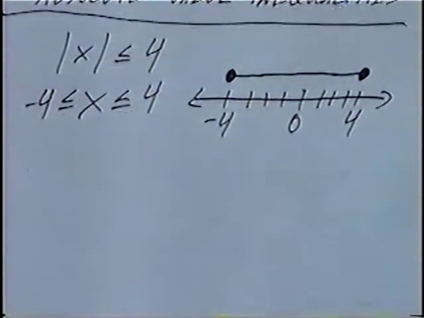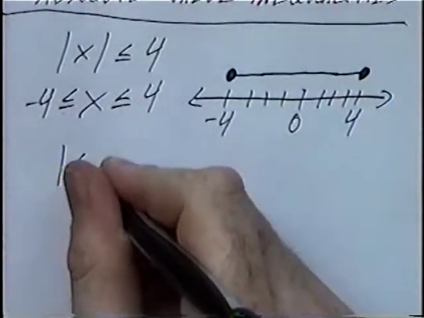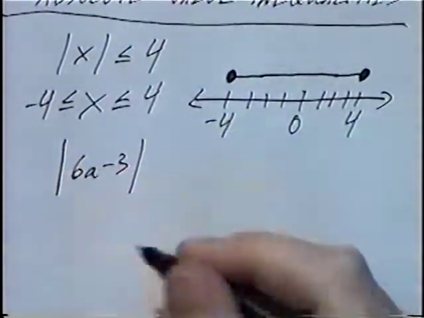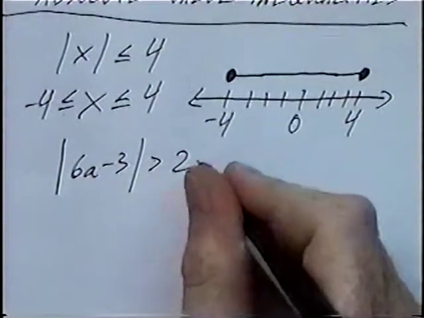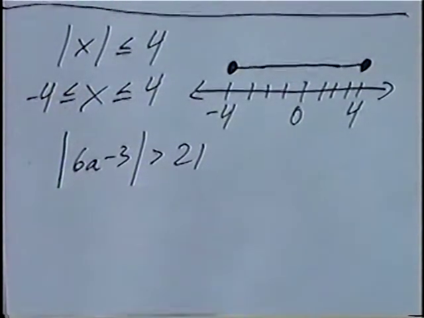Second question, and last question for this section. Absolute value of 6a minus 3 is greater than 21. And again, solving absolute value inequalities, the absolute value must be by itself.